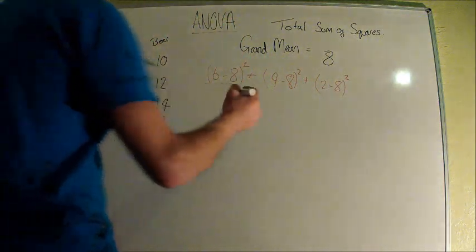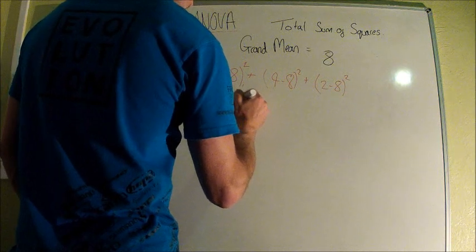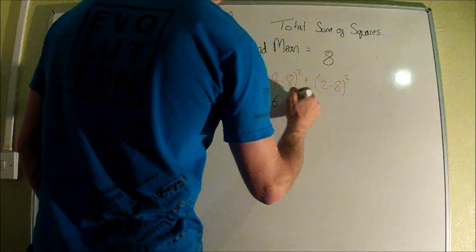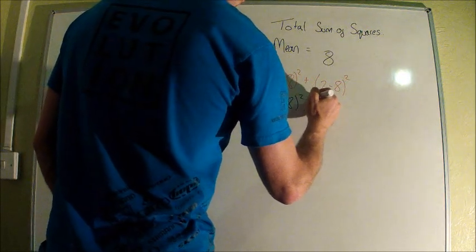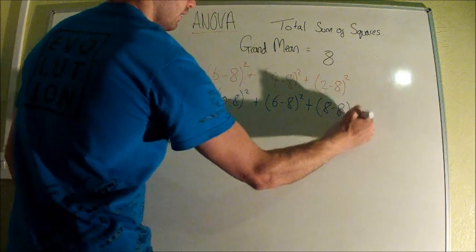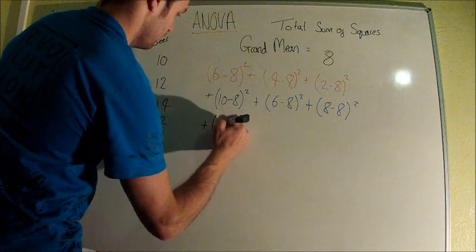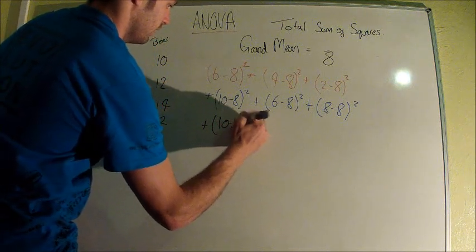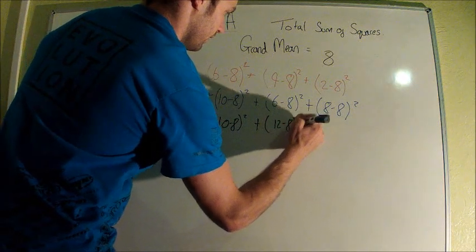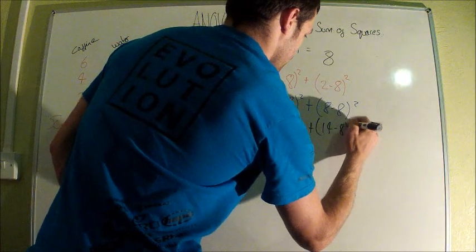Then we move on to the next group, so it would be plus 10 minus 8 squared, plus 6 minus 8 squared, plus 8 minus 8 squared. And just quickly onto the last group, plus 10 minus 8 squared, plus 12 minus 8 squared, plus 14 minus 8 squared.